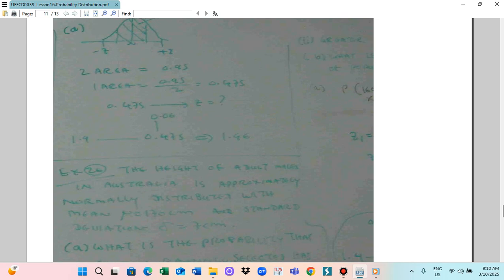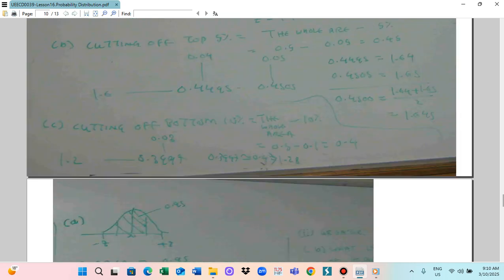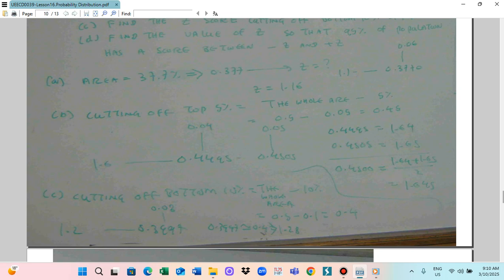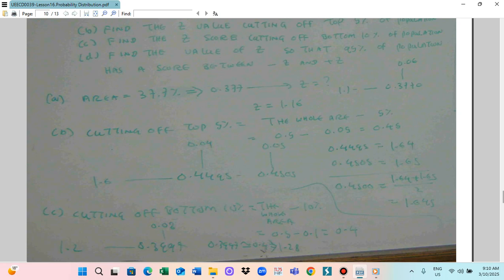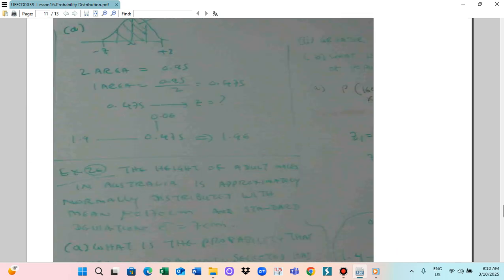On this table you can see that our point of 0.4 does not appear directly. The closest number to 0.4 is 0.3997, so 0.3997 gives 1.28. Similarly for the earlier case, horizontally 1.6 and vertically 0.04 and 0.05.